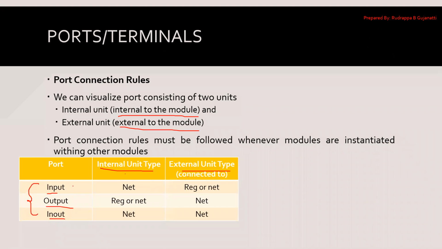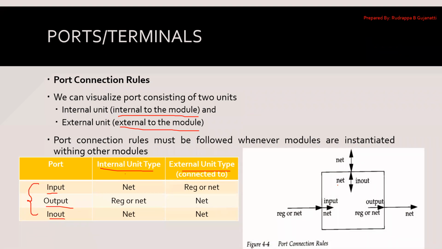Now what is the port declaration type which will be present here? Here we have an example. This is all internal, and these things which are there will be external to this module.